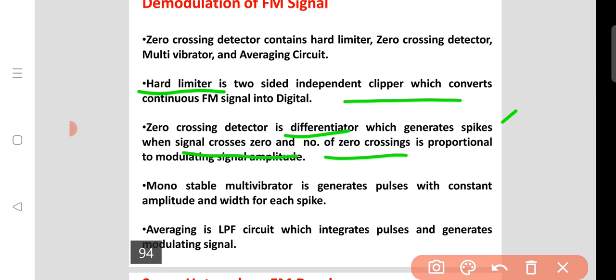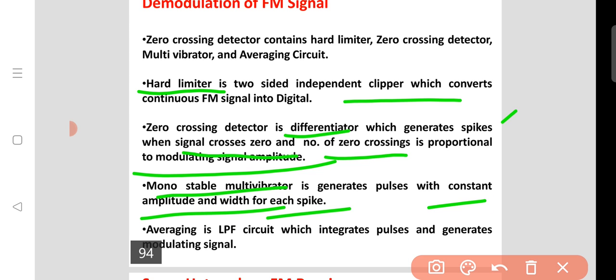The number of zero crossings is proportional to the modulating signal amplitude. With respect to the amplitude, more zero crossings will be produced. Then those spikes appear on the input side of the monostable multivibrator. It creates a constant amplitude and width for each spike.